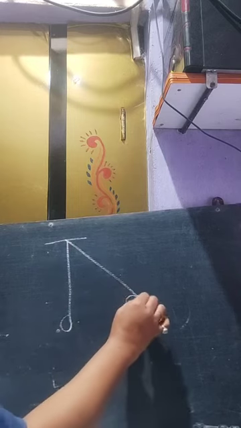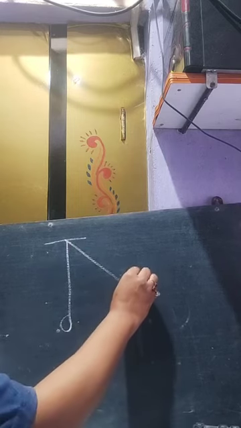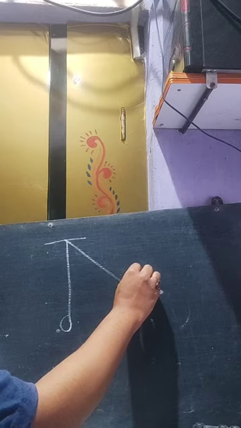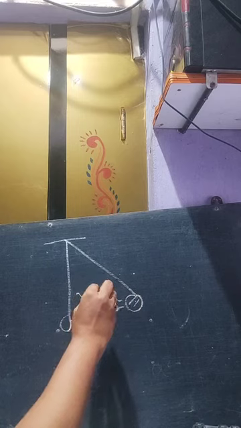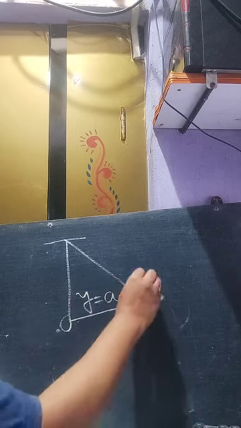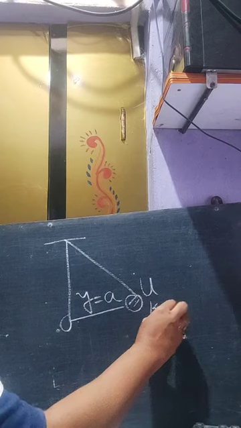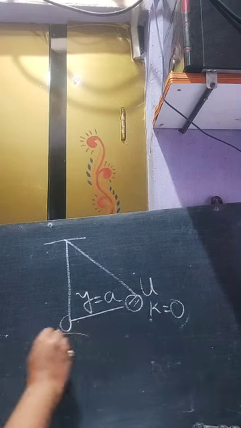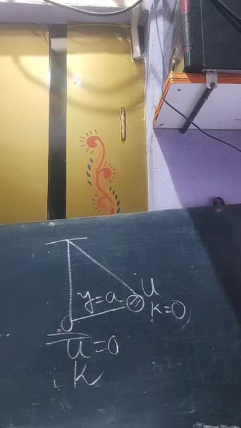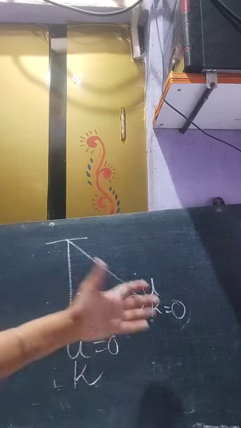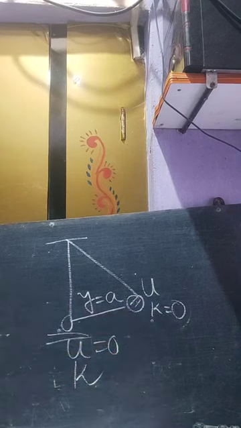So, basically when a body is moving, when it comes to this position, that is maximum displacement y equals A, then the total energy is potential energy, and kinetic energy is 0, and when it comes to here, potential energy is 0, kinetic energy is there. So, by this, potential converts into kinetic, kinetic converts into potential.